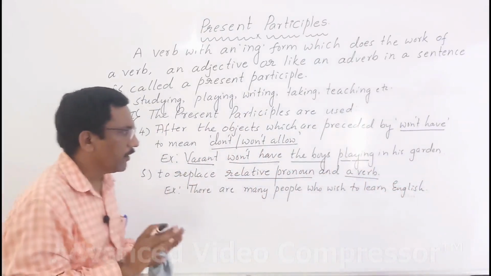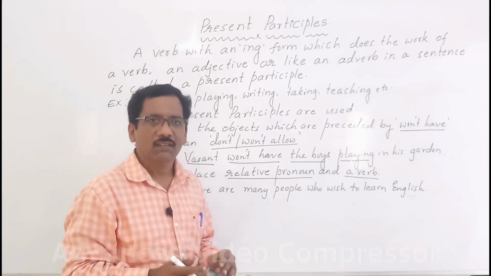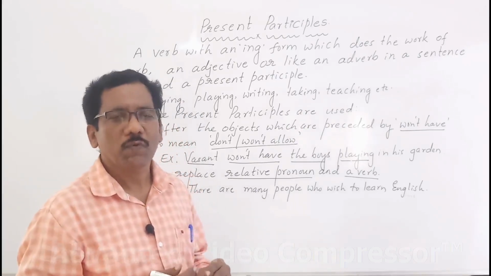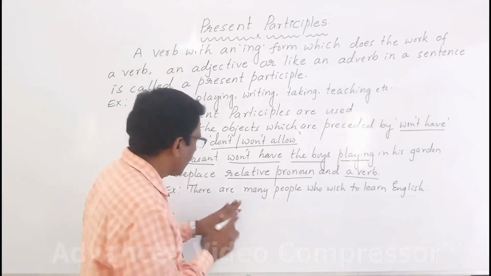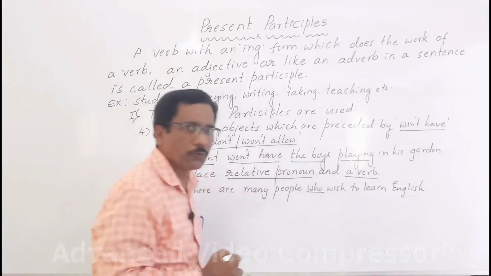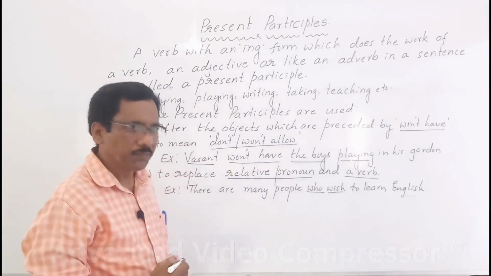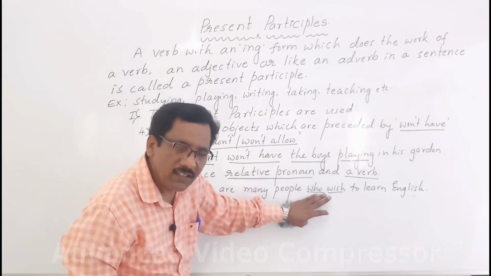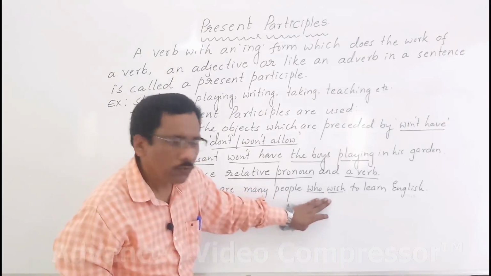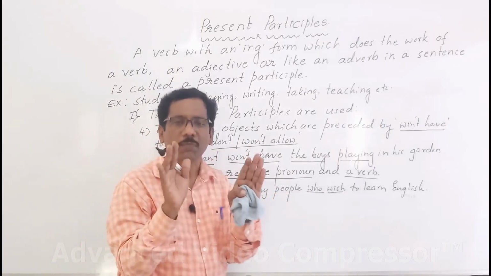There are many people who wish to learn English. What's this? Here in this sentence, we see the relative pronoun who plus a verb. What to do? We have to replace the relative pronoun and the verb by using a present participle.